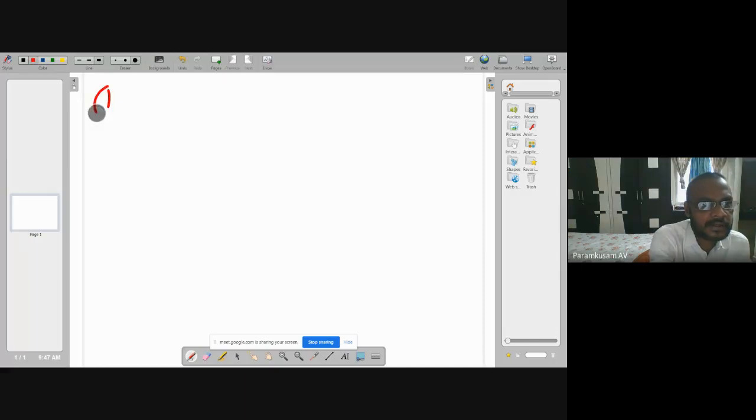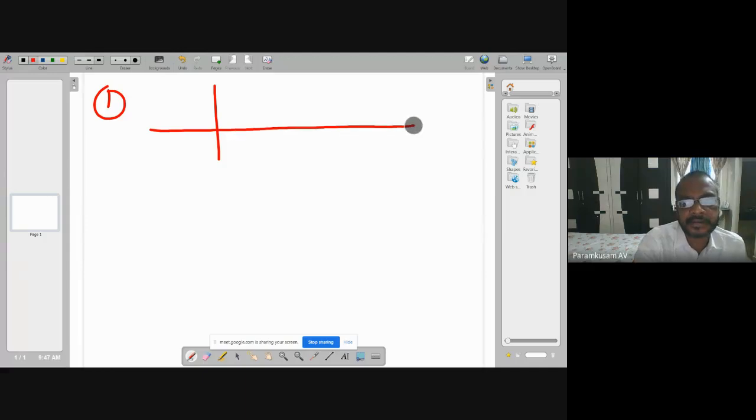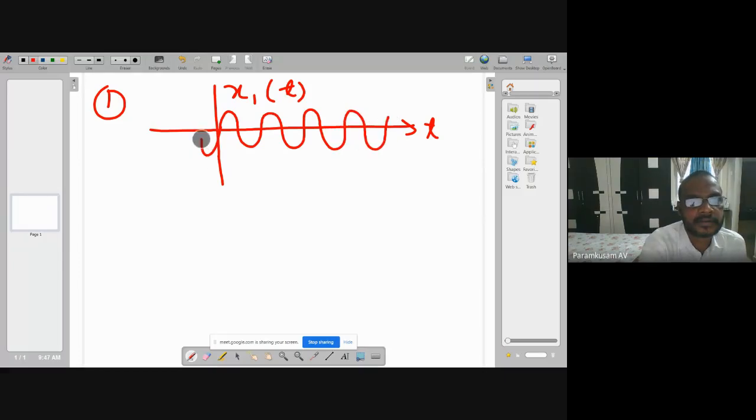One signal is like this. This is x1 of t. This is a sinusoidal signal. The maximum value is 1 and the minimum value is -1.